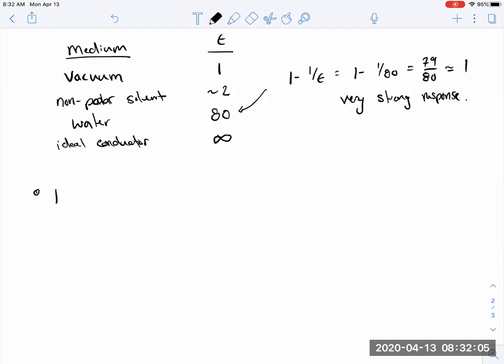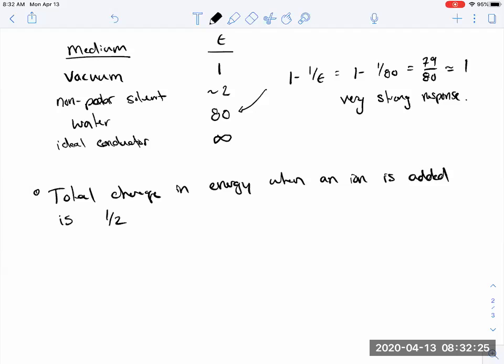lets us find that the total change in the energy when an ion is added is just a factor of 1/2 as favorable as what we calculated previously.